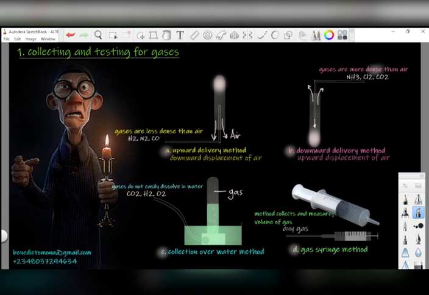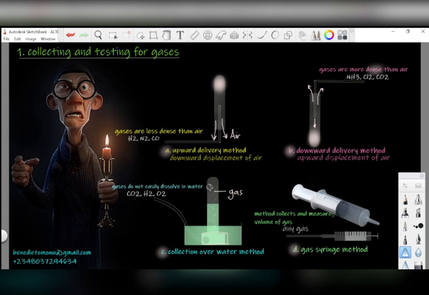Now, this structure we have here is a beehive, and we have a test tube above it, or a measuring cylinder as the case may be, and the gas is collected here. Now, often these gases, when they are collected, may have little particles of water attached to them.